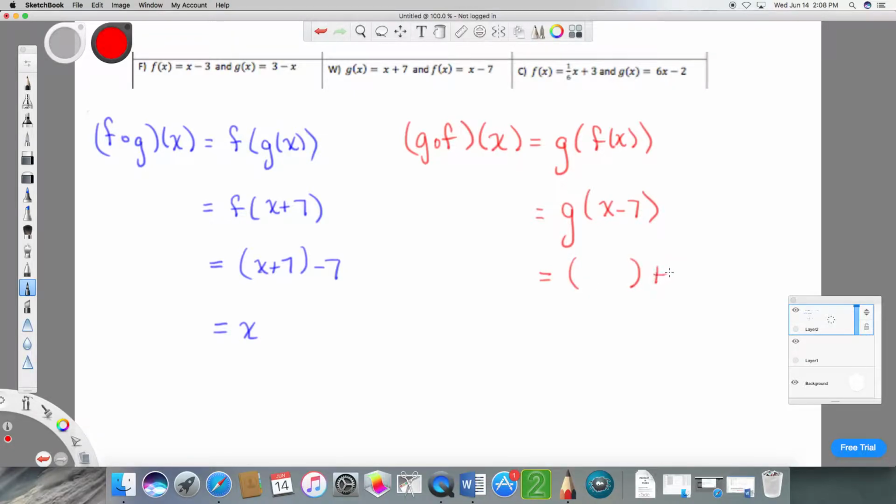This time the input is x minus 7, so that's equal to x. Since both of these are x, we conclude that these two functions are inverses of each other.